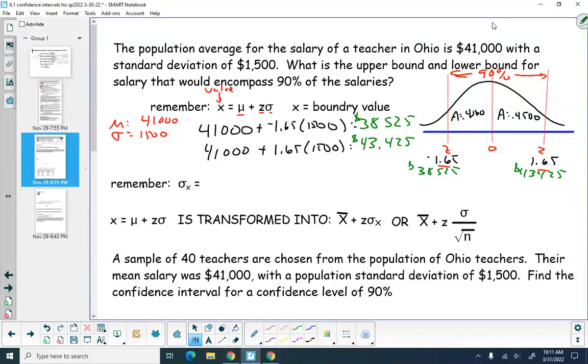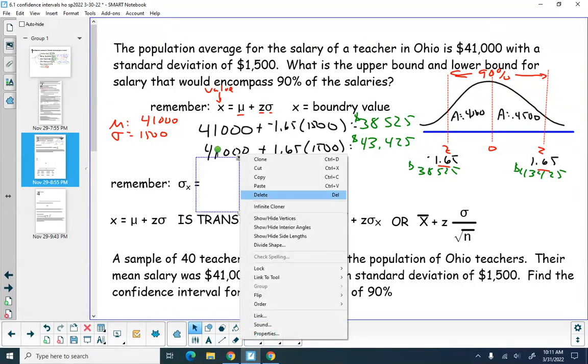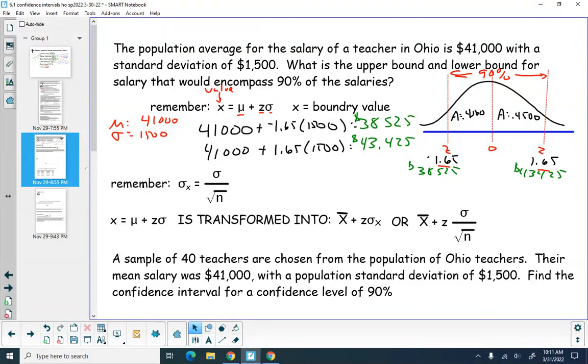Now, if we remember back to when we started talking about the central limit theorem, the sigma for a group of sample means, the standard deviation for a group of sample means, can be calculated by the population standard deviation divided by the square root of n.